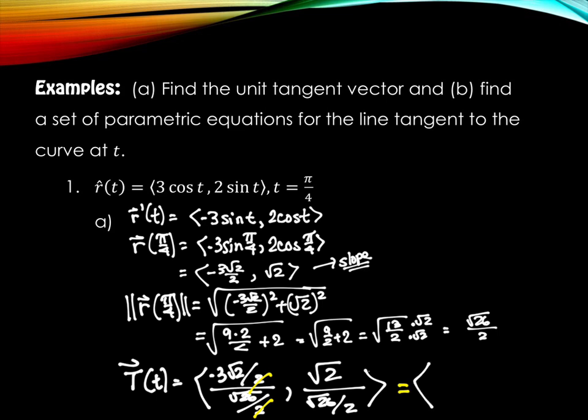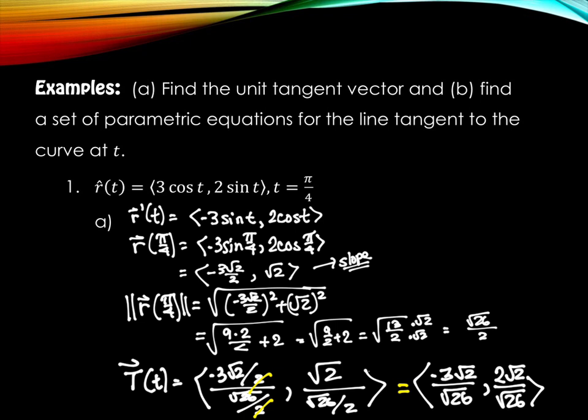So let me see where we are right now. I have negative 3 square root 2 over square root 26. And on the other one, I have 2 square root 2 over square root 26. Does that look like what you guys have? I have all these details written in my notes, but let's just check. Looks good.